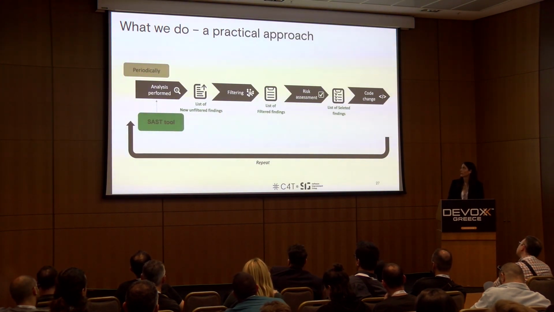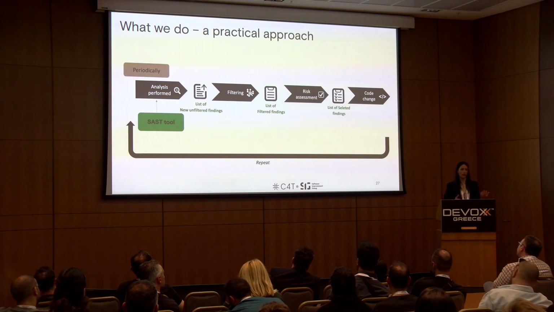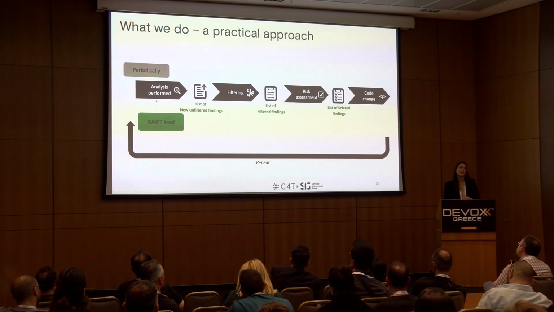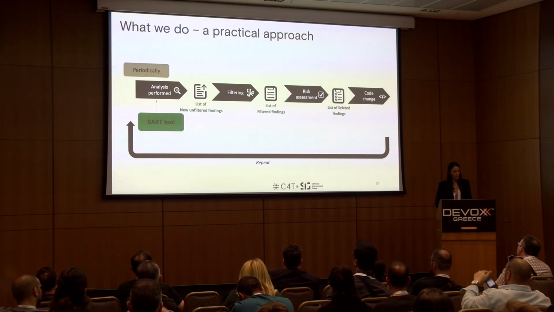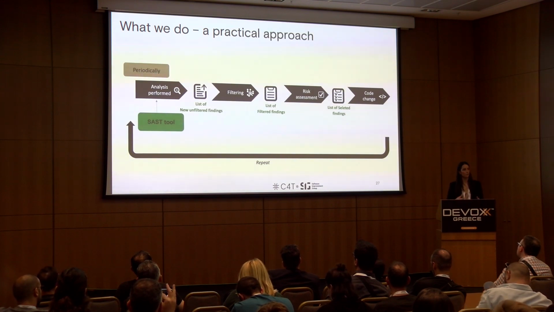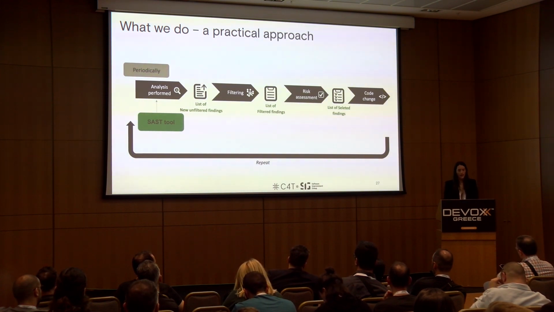What we do, and this is a practical approach, you may find your own way to use the tool in any step of the development work you do. But what we do is that we get client uploads, and then an automatic process runs, and SAST tools analysis runs, and it creates a list of findings, and then we do the filtering as consultants.